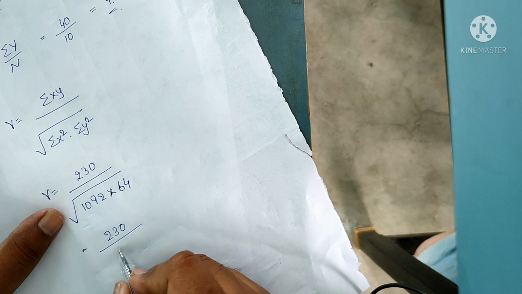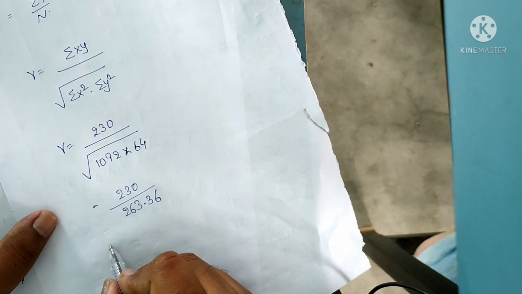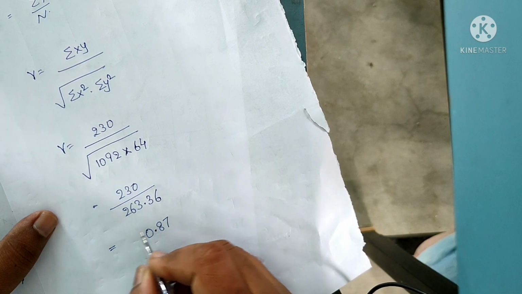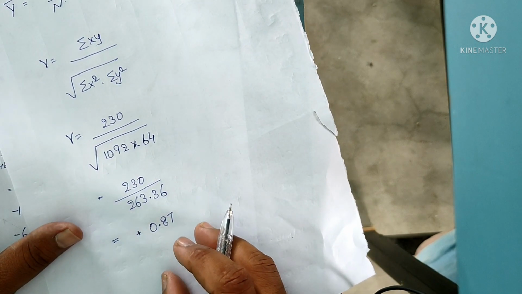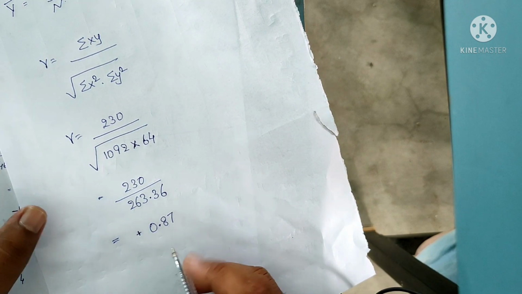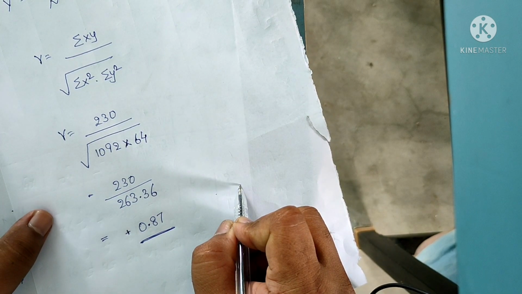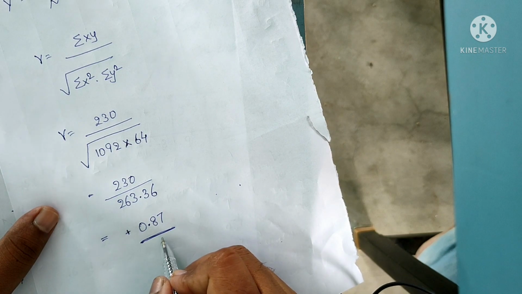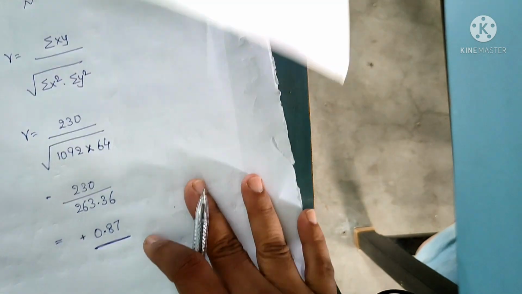Under the root that equals about 264, so 230 divided by 264 equals 0.87. Here it is a positive value, so it is called positive correlation, and the answer will always be between minus 1 and 1. Is that clear? So r equals 0.87.